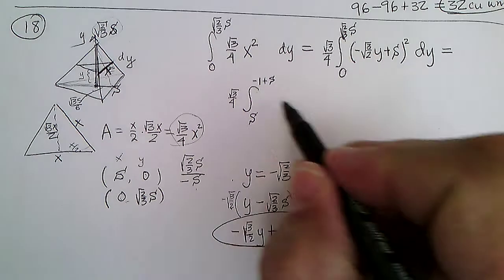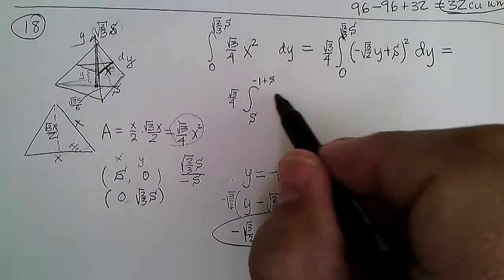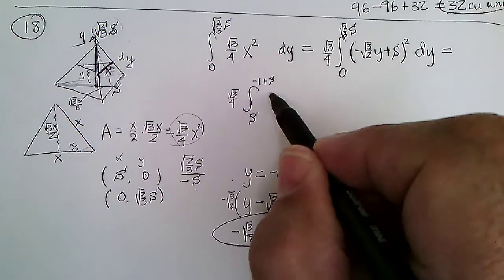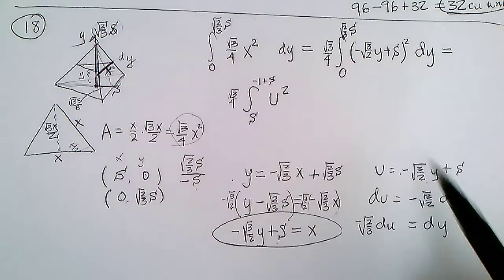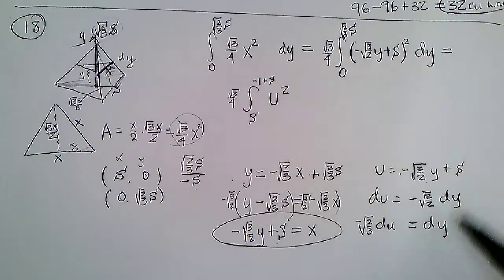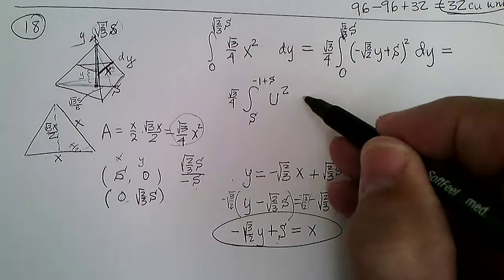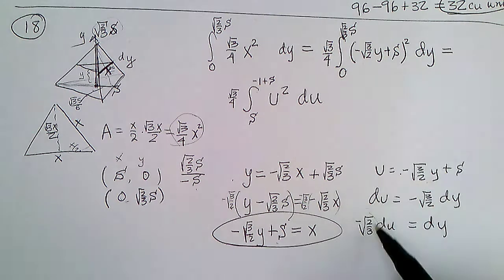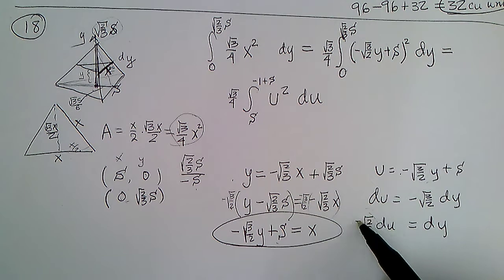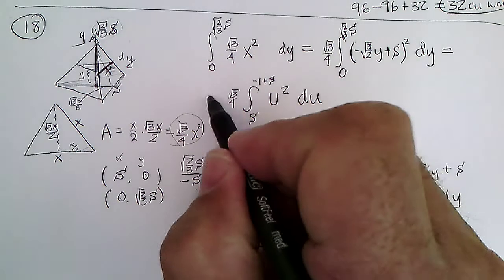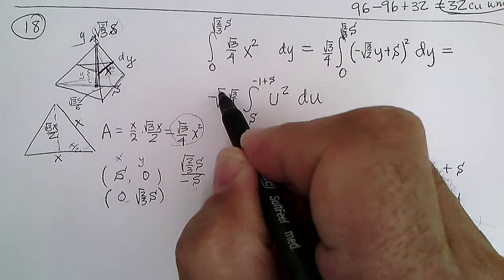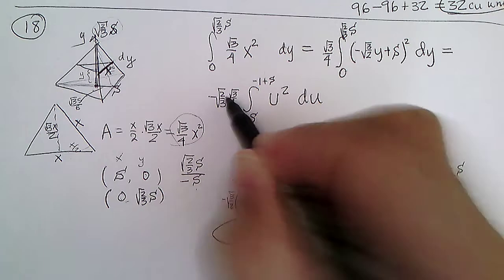And this would now be, all of this would be u squared, and dy is going to be this times du times negative square root of 2 over 3, so I'm going to put that out here, negative square root of 2 over 3.